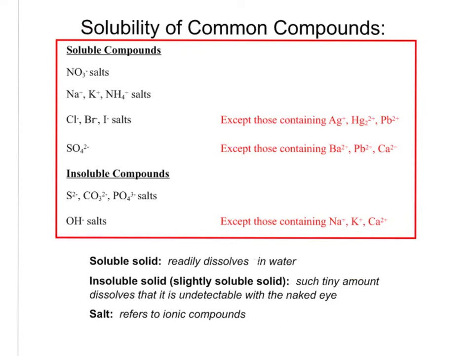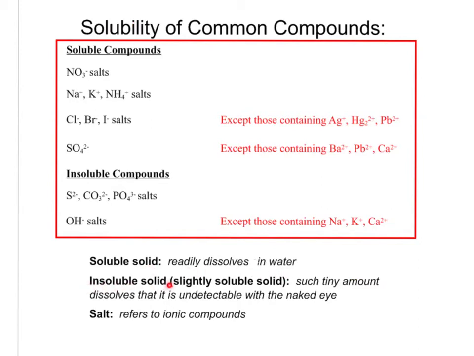Okay, so here is a nice little chart listing some solubilities of some common compounds. It's not exhaustive, it's not complete, but some common ones are listed here. Before we look at this chart, I'd like to go over a little bit of vocabulary so we all understand something. Soluble solid means it's a solid that readily dissolves in water.